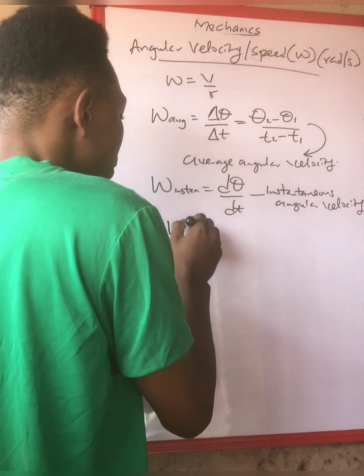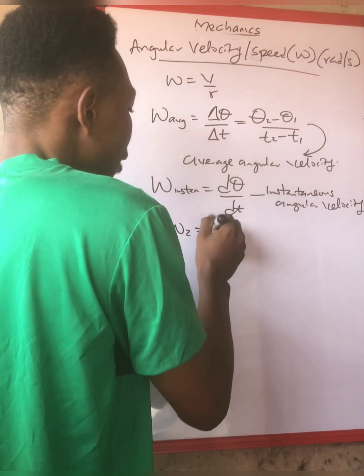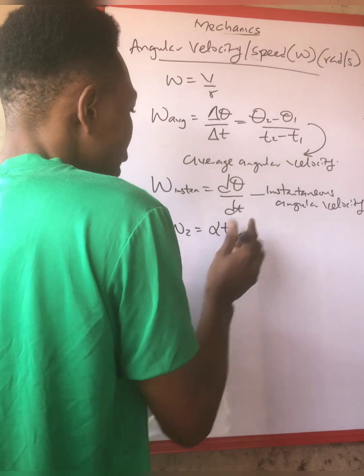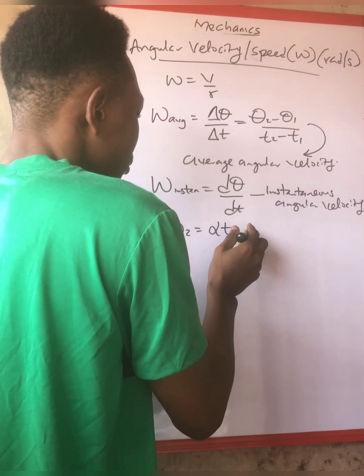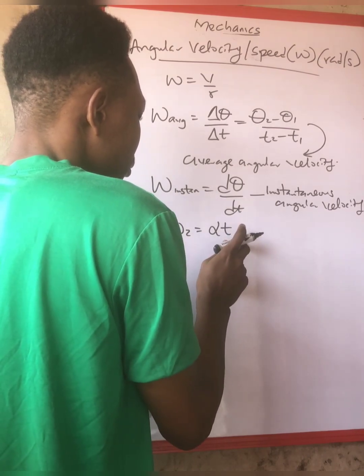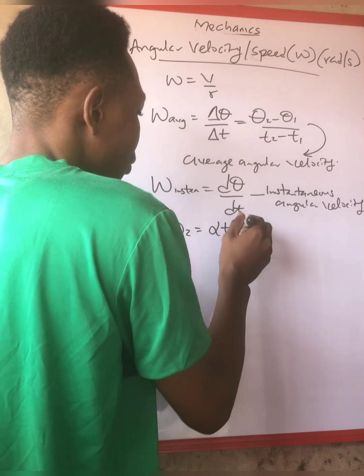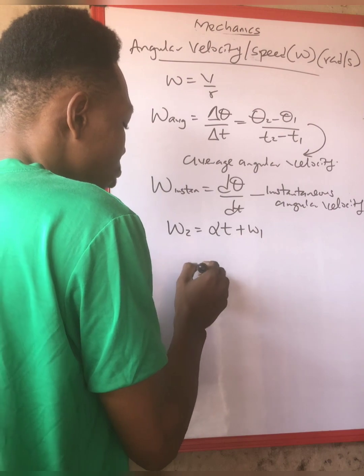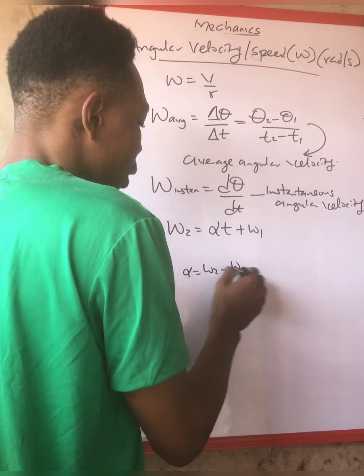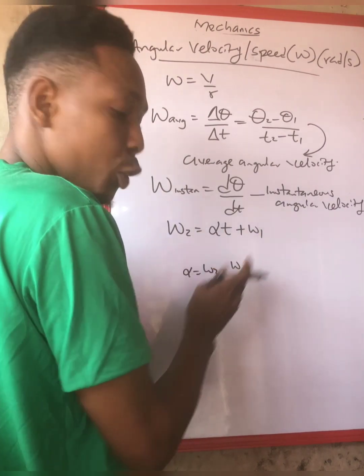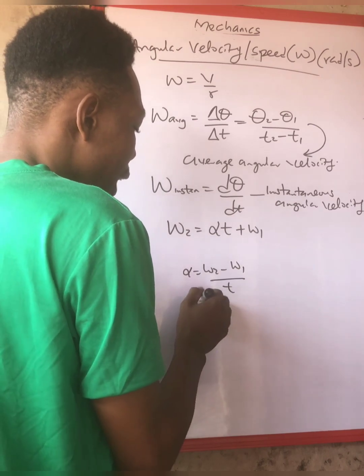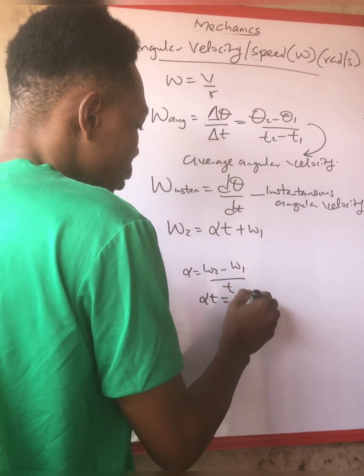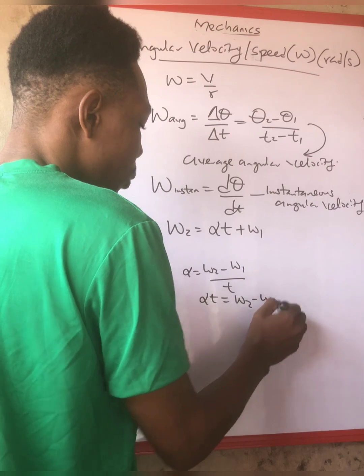We also have W2 equals alpha t plus W1. How did we get this? From alpha equals W2 minus W1 all over t. If you cross multiply, it becomes alpha t equals W2 minus W1.